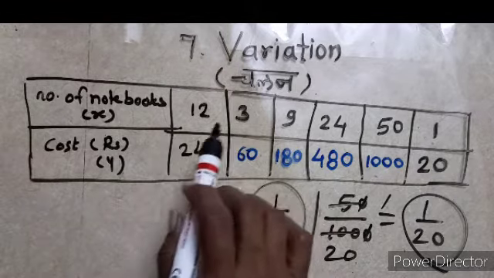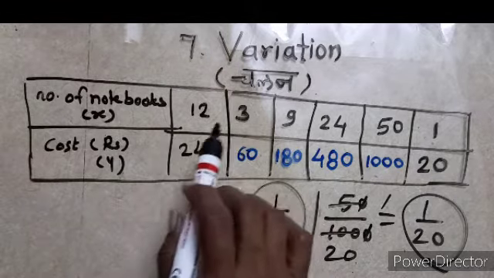When m is equal to 154, at the same time n is equal to 7. So put this value in this equation. Therefore 154 is equal to k into 7.